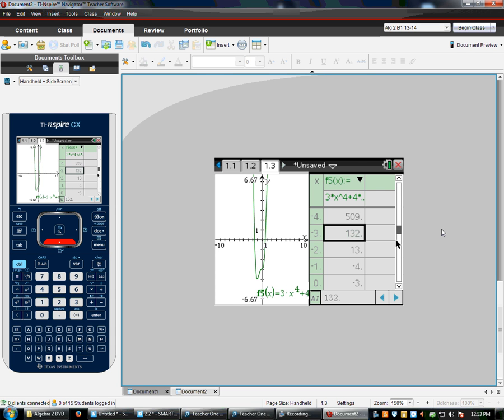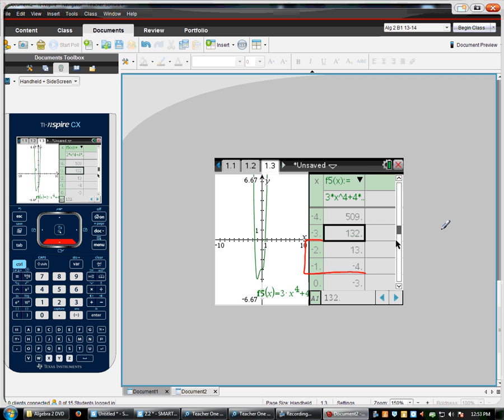So what just happened in between -2 and -1? What just happened? We went from a positive value to a negative value. You with me for the function?